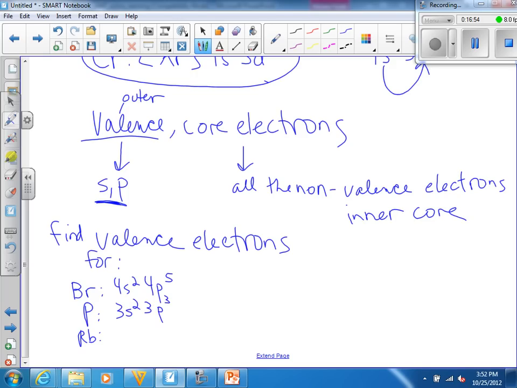You can pause if you want and do these on your own. I should have said that earlier. Rubidium is in the 5th row. It's just a 5s1. Okay, those are our valence electrons. So the core electrons for each of these would be all the electrons that are not these electrons. Okay? I won't ask you for the core electron configuration, but you need to know what the core electrons represent.